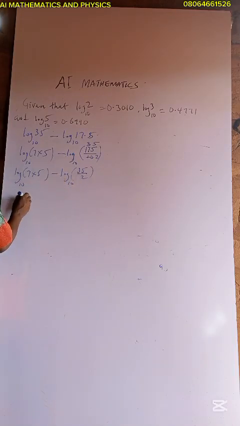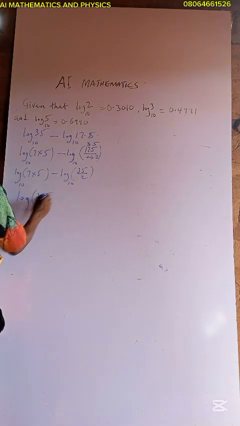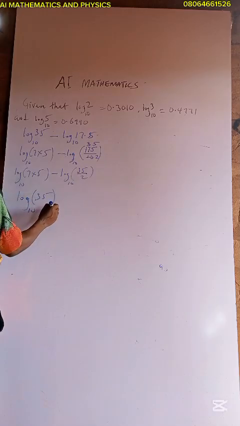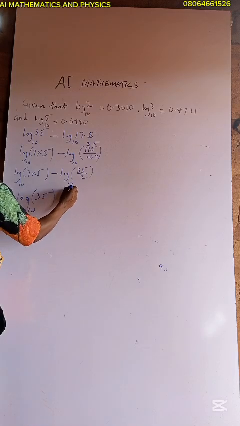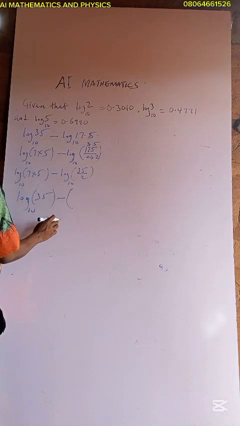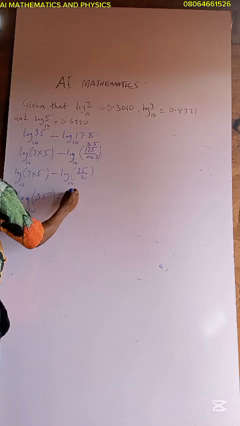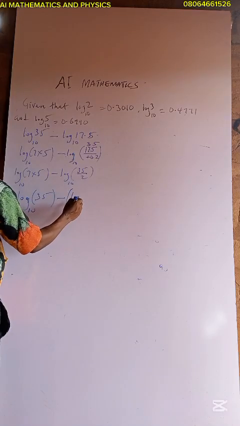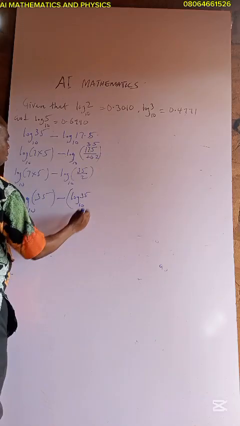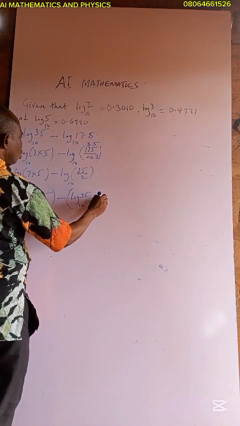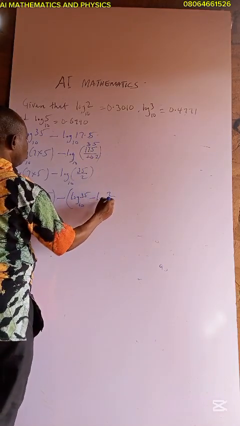There will be log 35 base 10 minus, minus, consign these ones together. That will now be log 35 base 10 minus log 2 base 10.